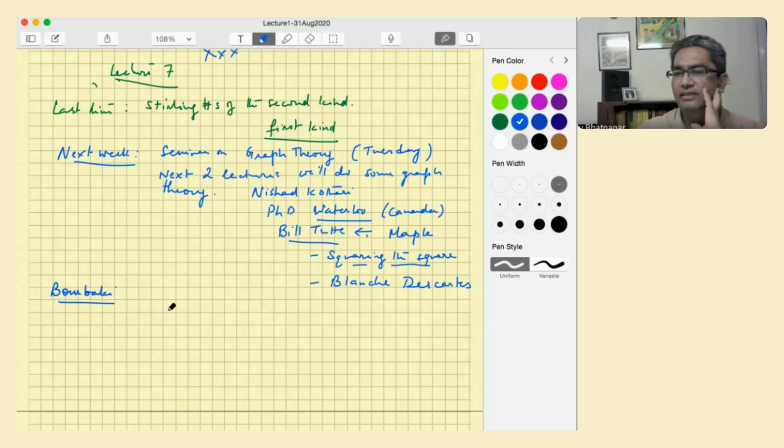So Bourbaki is a fictional group of people, and they wrote the textbooks and so on under this name, Nicolas Bourbaki. So Blanche Descartes was four graph theorists, including Bill Tutte.